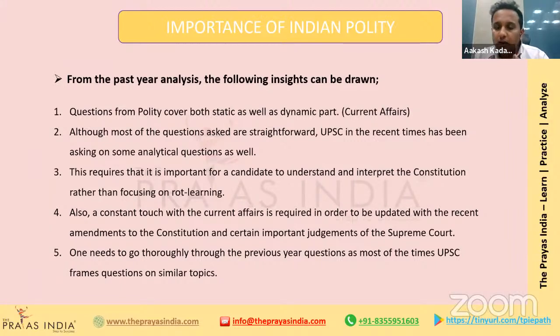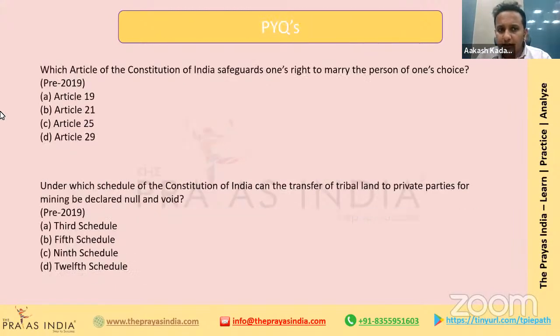These 30 marks are very crucial, because the questions are very easy if you have studied and understood the Constitution very well. If you have the ability of understanding things and not just rote learning them, then scoring those 30 marks is very, very simple. Now let us try to analyze previous year questions.